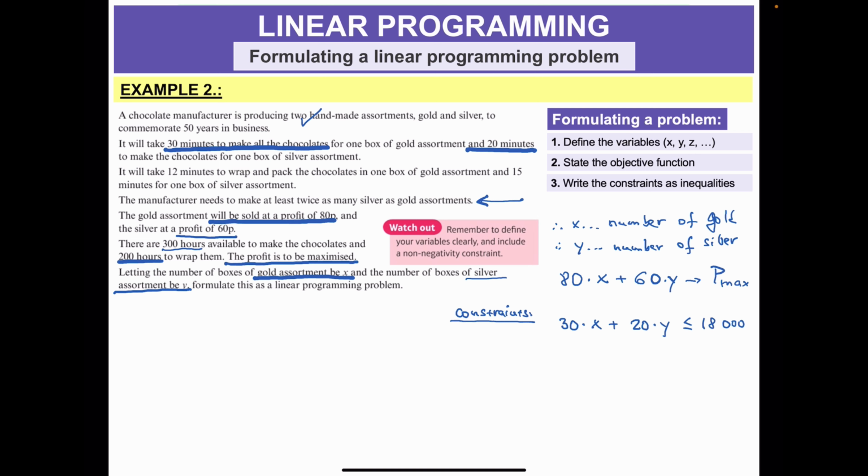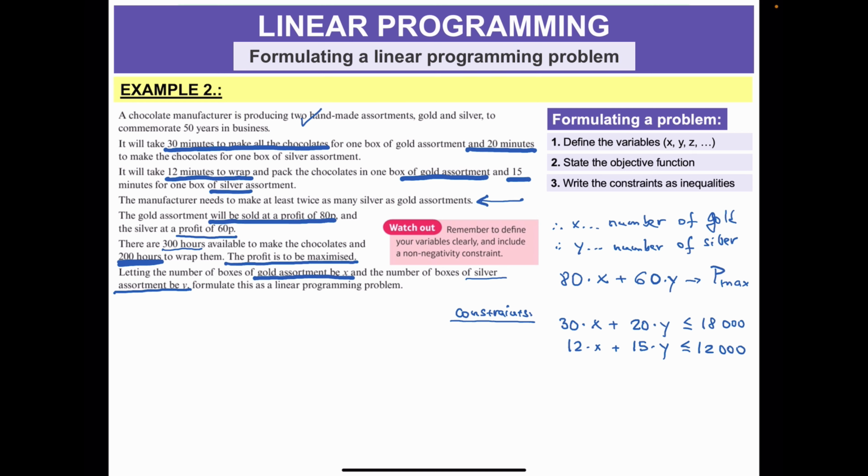Then the second one will be wrapping, and I know it takes 12 minutes to wrap the gold assortments. So 12 times X plus it takes 15 minutes for the silver one. So 15 times Y. And for wrapping, I have 200 hours, that means 12,000 minutes.